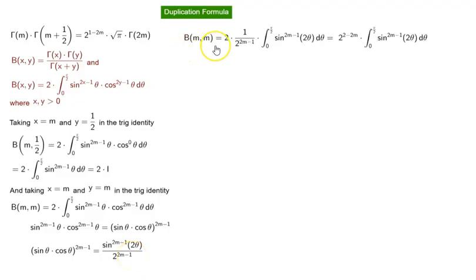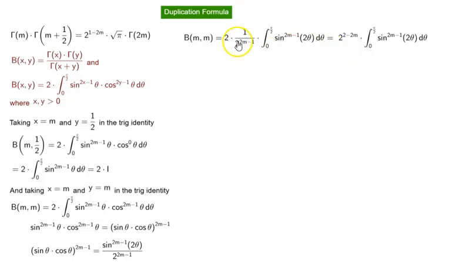Beta of m comma m is equal to 2 times, here we have 1 by 2 to the power of 2m minus 1. So this is a constant, we take it out, times the integral 0 to pi by 2 of sine to the power of 2m minus 1 of 2 theta d theta.